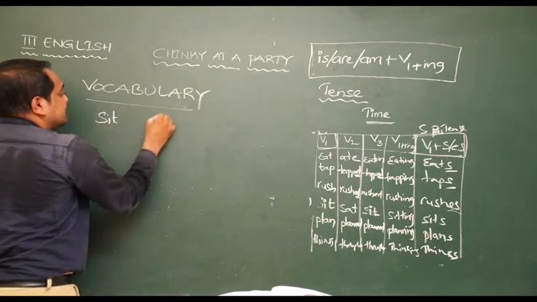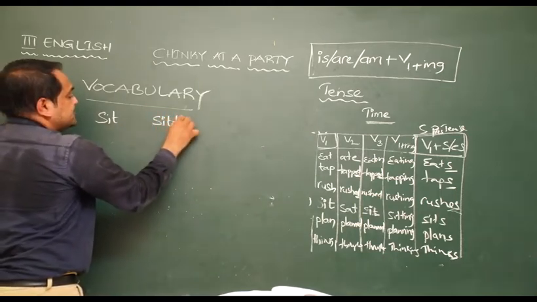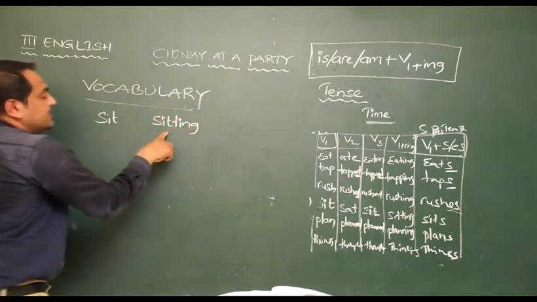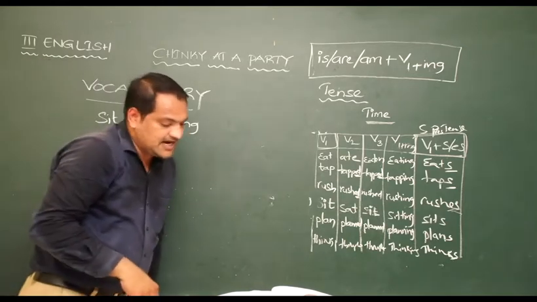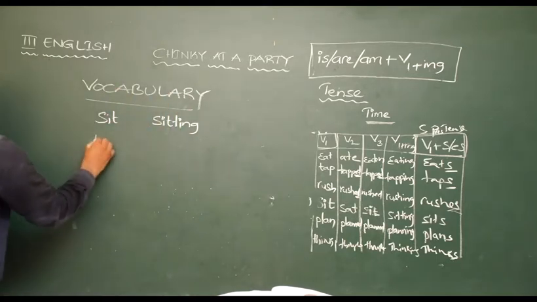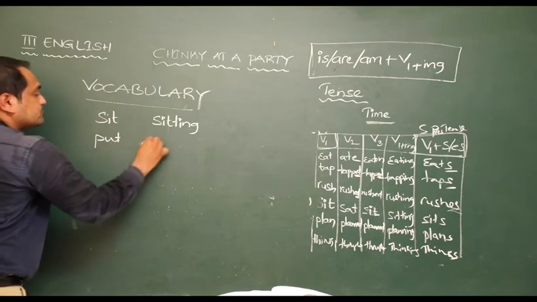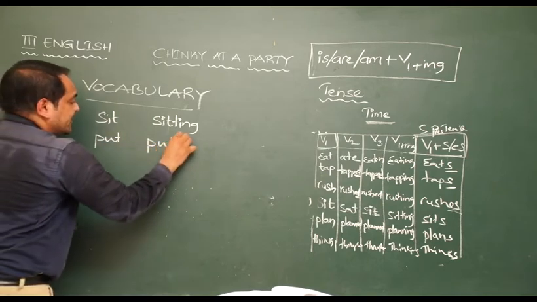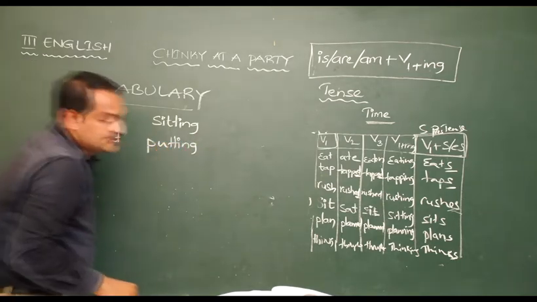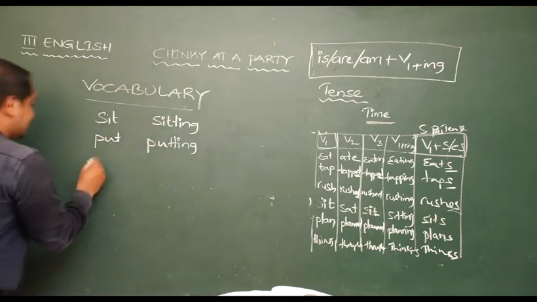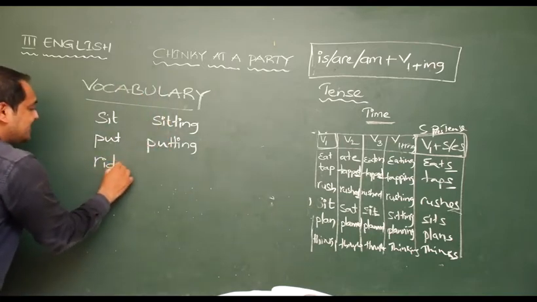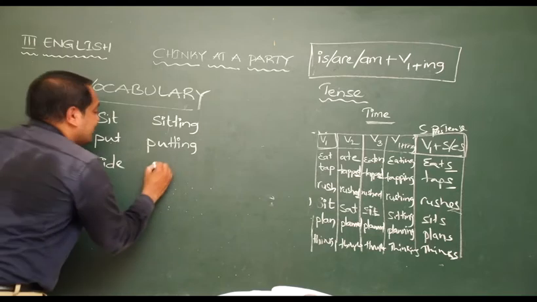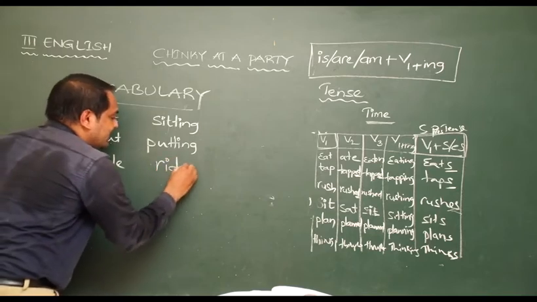How do you do that? Sit plus ing. Sitting. Here we are adding two T's. Right? Sometimes we have to do that. Then put. Putting. Again we are adding one more T here. Then we have ride. What do we do, sir? Riding.